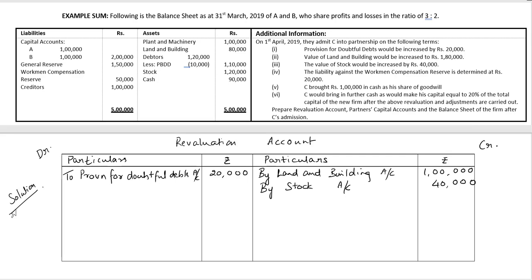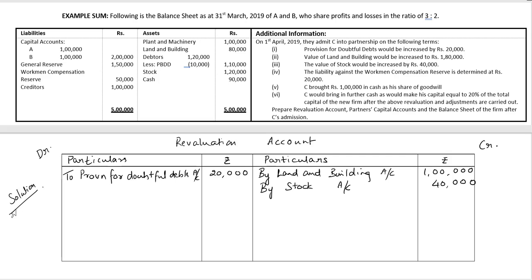The fourth point, the liability against workmen compensation reserve is determined at rupees 20,000. There's a workmen compensation reserve of rupees 50,000 on the liability side of the balance sheet. The claim or the liability against such reserve is, as per the fourth point, only rupees 20,000.